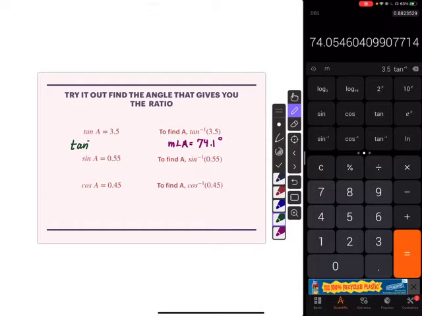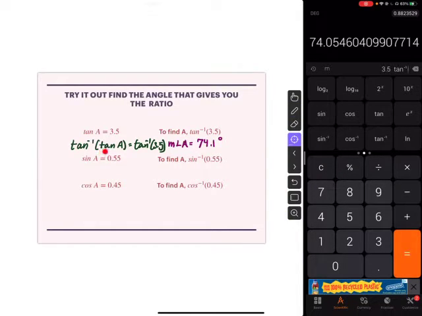You have inverse tangent of tan A equals inverse tangent of 3.5. And on the left-hand side, tangent would do something to A and inverse tangent would undo it. So these two functions cancel out, and mathematically, your left side just becomes A. And on the right side, we've got the tangent inverse of 3.5, which is exactly what we did to find that angle.